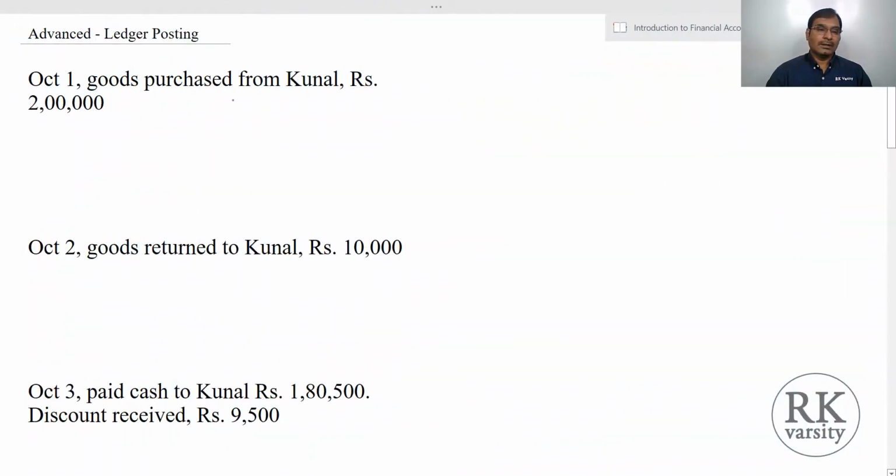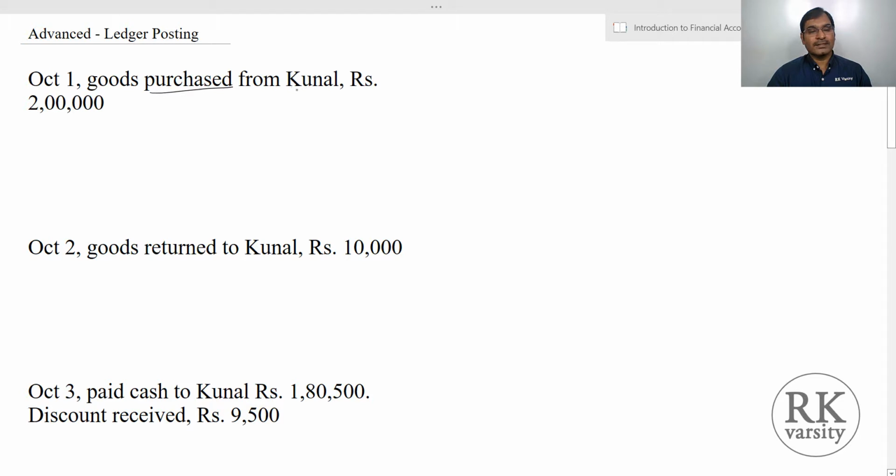So without any delay, now we move to generalize a few advanced financial transactions and see how to post them into different ledger books. Here we have a set of financial transactions which we first generalize, then post into appropriate ledger accounts. The first one is goods purchased from Kunal.